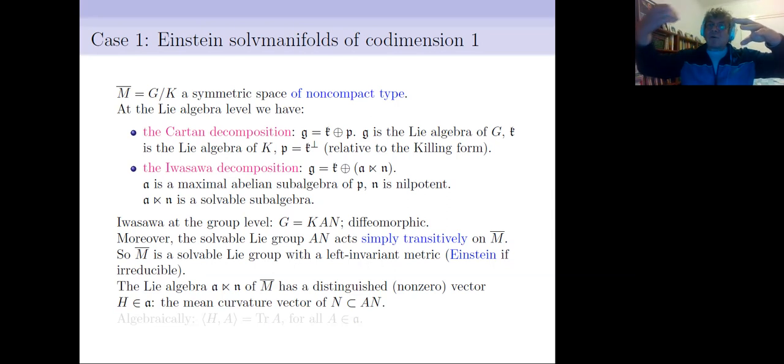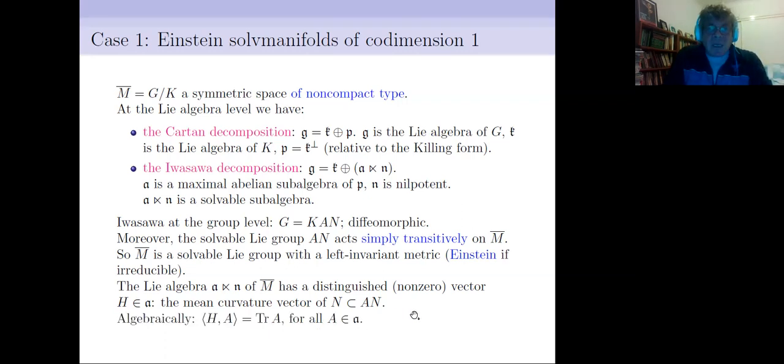In it, you have your submanifold, the subgroup n. That submanifold has a mean curvature vector at every point, say the identity, and capital H is this mean curvature vector, right? And it's not hard to compute, and it is known that this vector H can be defined purely algebraically.